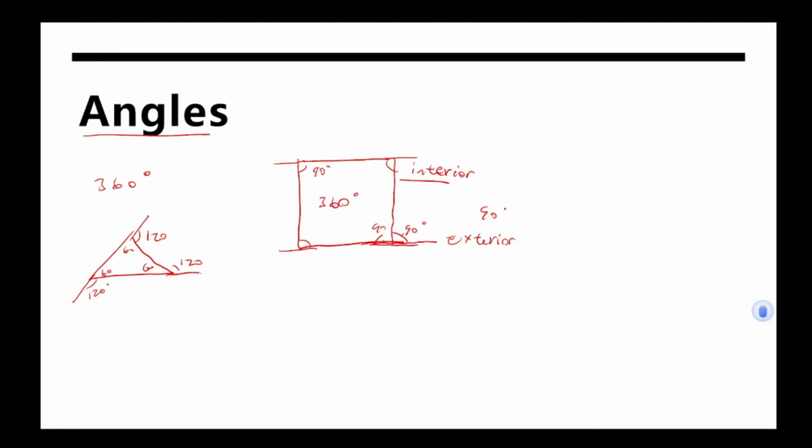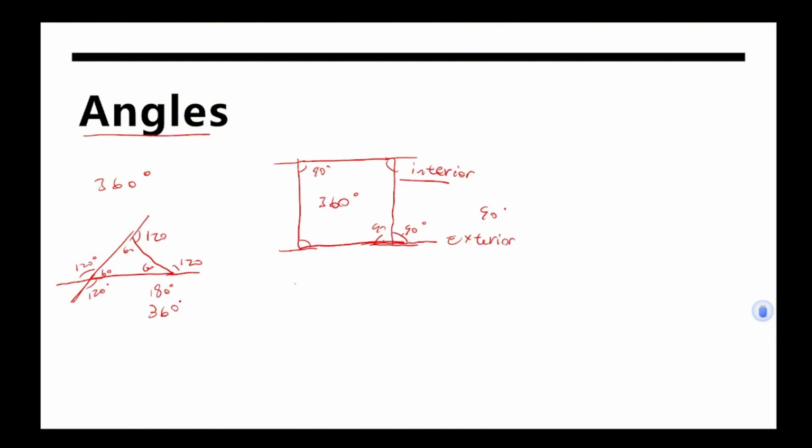It doesn't matter if you're drawing the exterior angle from this line extended or this line, because it's all the same. So the sum of a triangle's interior angles is 180 degrees, and the sum of its exterior angles is still 360 degrees. We can notice something.